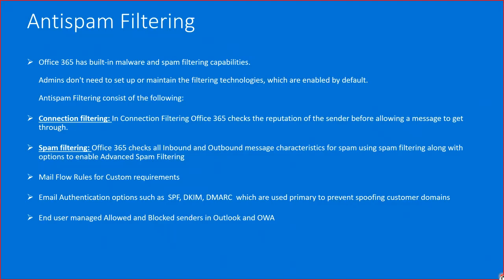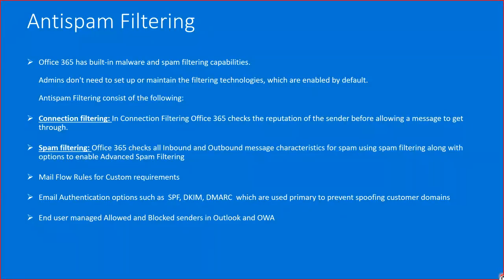So the three main technologies that are used are SPF, DKIM, and DMARC. SPF is Sender Policy Framework, where we try to evaluate the reputation of an IP to see if this IP is known to send spam messages.